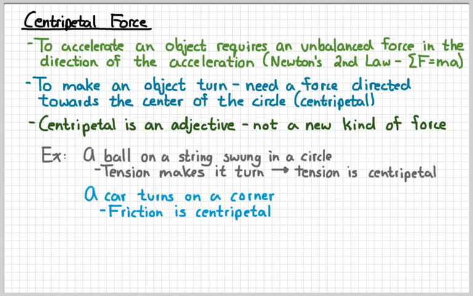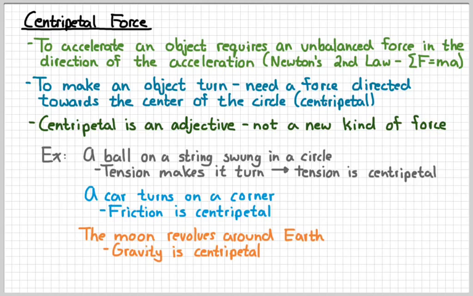It's making the car turn. Another example, the moon revolves around the Earth, if you didn't already know that. The force keeping the moon in orbit around the Earth is gravity, and therefore gravity is centripetal. And so any force can be a centripetal force if it's causing something to turn, and when you have something that's turning, you need to identify what the centripetal force is.